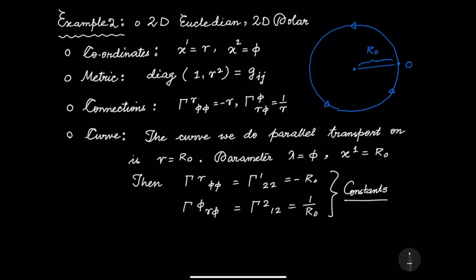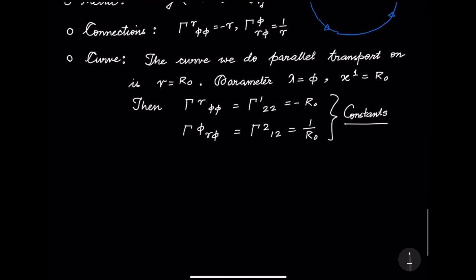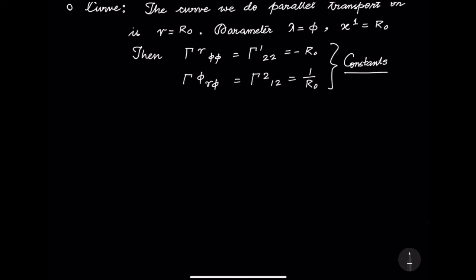Okay, now let us move around the curve and see how the two components of the vector change. We'll work in two parts. On the left side, let's say del A1, or let me write it as del AR, and what changes is phi. So the derivative is with respect to phi, plus gamma R alpha phi A alpha, where alpha is a dummy index, equals 0.